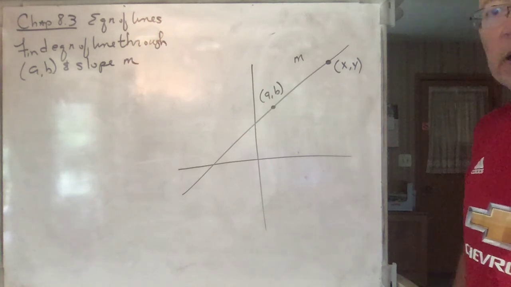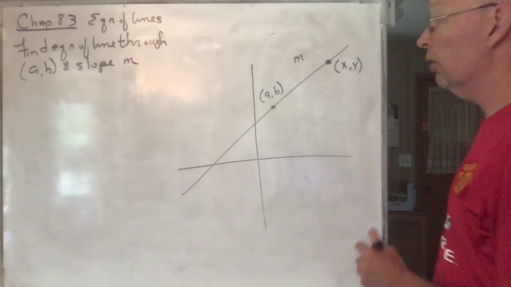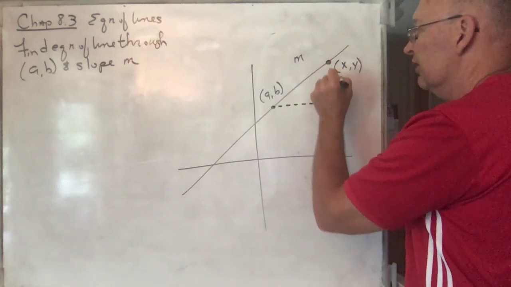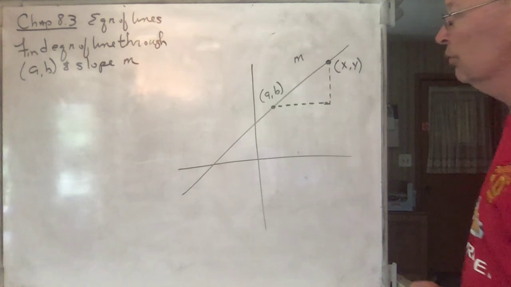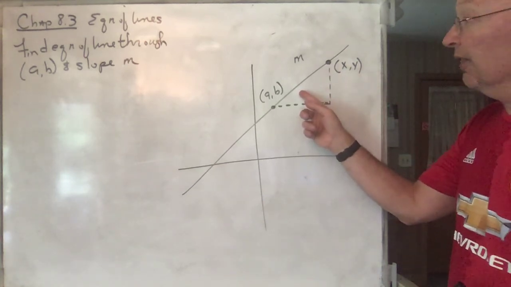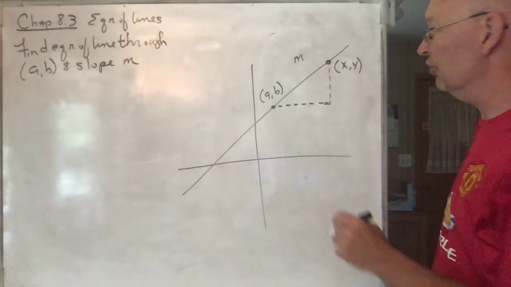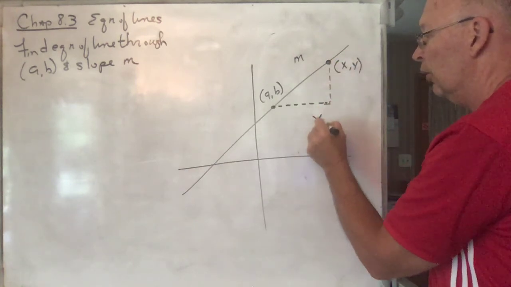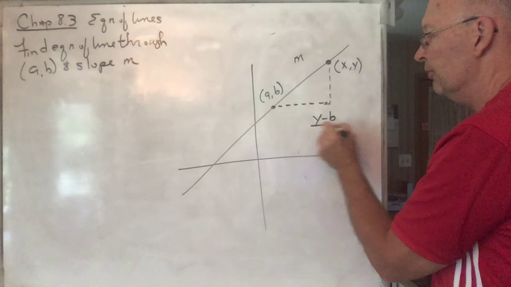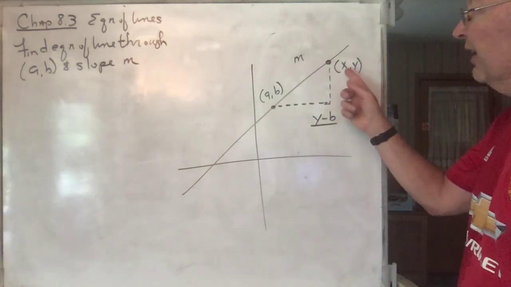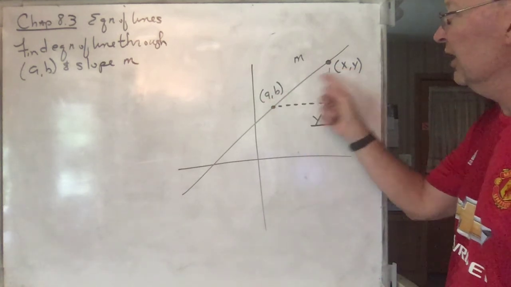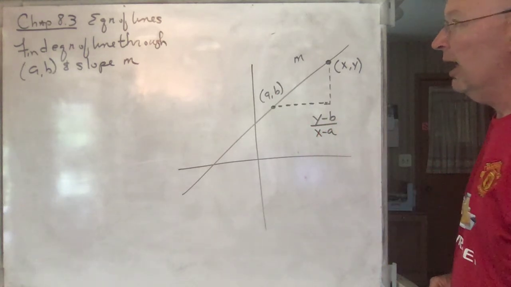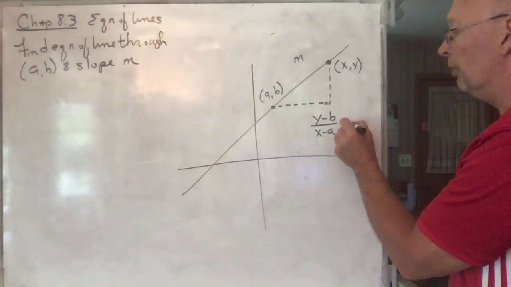And you look at it a bit, and then all of a sudden it occurs to you, oh, wait a second. I know that the way you calculate the slope is you take any two points on the line and you take the change in the y values, the rise, which in this case would be y minus b, and you divide that by the run, which is the change in the x values, which in this case would be x minus a, and that gives me the slope.